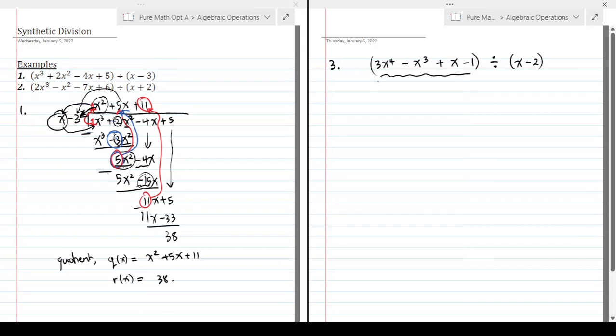So it is 3x to the power of 4, minus 1x cubed. Now you notice there's no x squared term. But I have to compensate for that, because if I leave it out and just put 1x minus 1, somebody will look at this and see 4 coefficients and think that it's cubic. So because it is quartic, it has to have 5 coefficients.